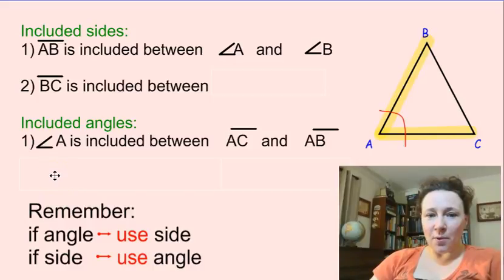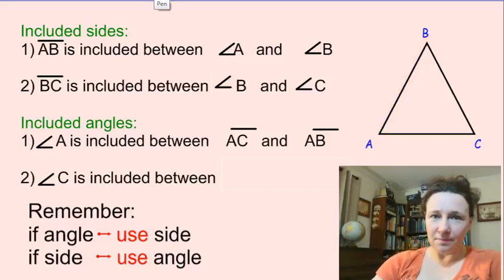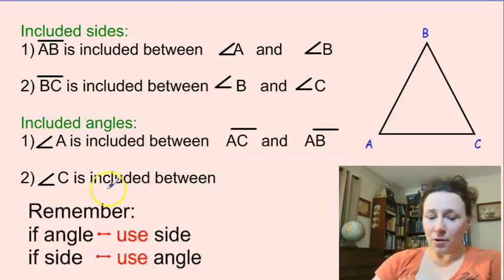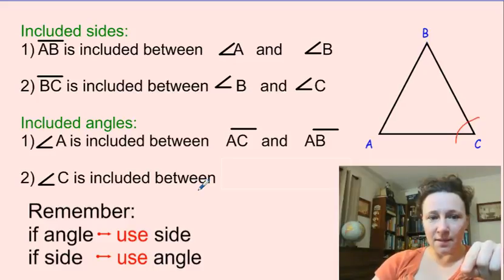Let's open our next question, and I will ask you to pause the video, try to answer it on your own. Okay, ready? Do not rush. Identify elements on your diagram. Angle C, here it is included. So it's an angle, therefore I'm looking for sides.